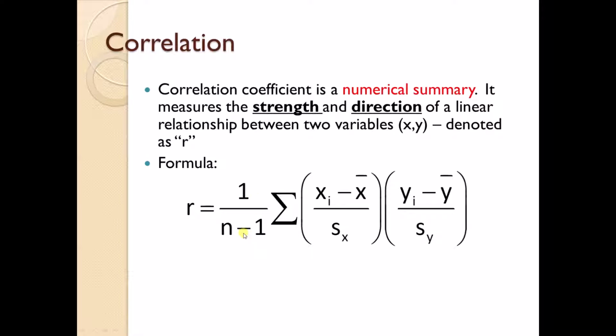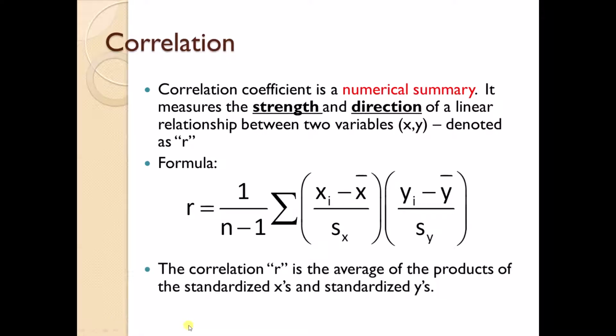And that's because we're dealing with degrees of freedom again, that famous thing. So this is the formula for calculating correlation. It's the average of the products of the standardized x's and the standardized y's. That's all it is. And you might not see that with all of this weird math notation, but that's what it amounts to.